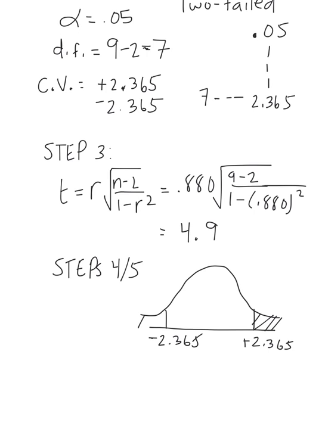If the test value lies within these shaded regions, then we are going to reject our null hypothesis. 4.9 is over here. So we are going to reject our null hypothesis. That's our decision for step 4. Step 5, we are going to summarize the results.